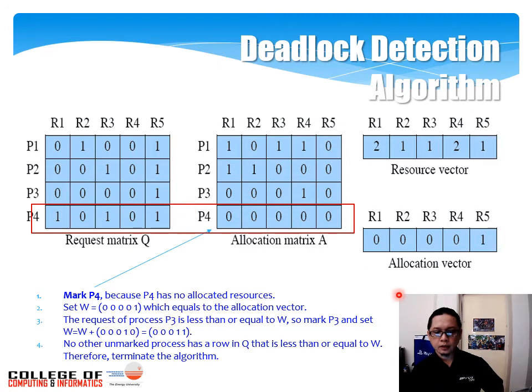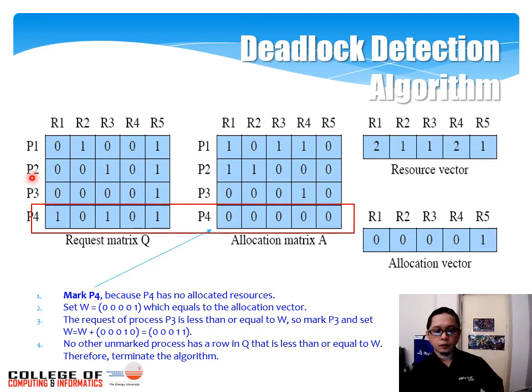Once P3 finishes, you need to return its allocation to the vector. So the new value is 0, 0, 0, 1, 0 plus 0, 0, 0, 0, 1. So you now have 1 unit of R4 and 1 unit of R5.